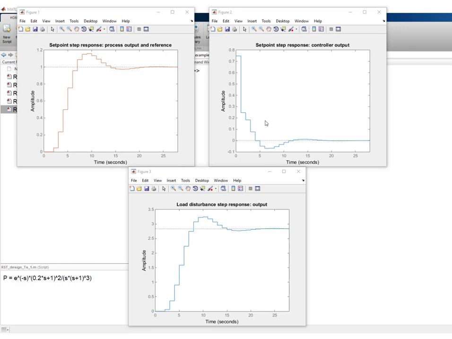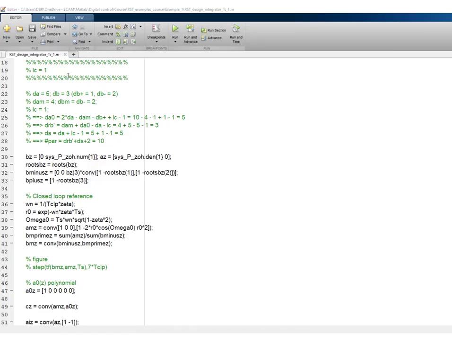This is the controller output, and this is the load disturbance. We have had a design with LC is equal to 0. There is no integrator in the controller, so clearly we are not able to reject a load disturbance. So we can now have a look at a design on the same process but with an integrator in the controller.